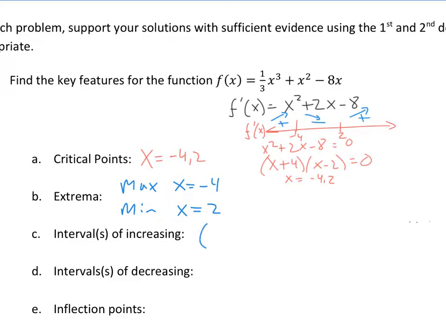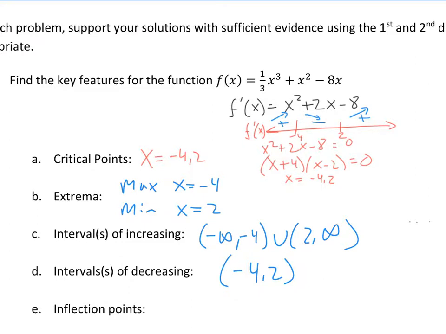Increasing, well, we got increasing in these two intervals here. So that's going to give us from -infinity to -4, and also from 2 to infinity. All right, we're going to put a little union there. And the interval of decreasing, well, that's going to be from -4 to 2. That's where the first derivative is negative.